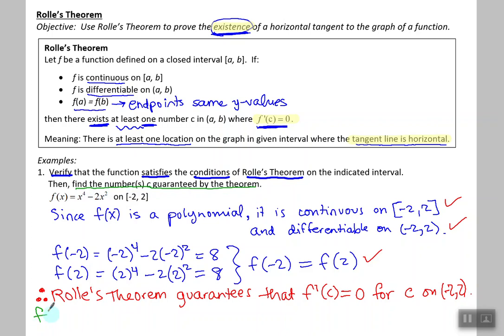So let's take the derivative of f of x, f prime of x, that's 4x cubed minus 4x, and set that equal to 0. Factoring gives us 4x times x squared minus 1 equals 0, which gives us x being 0, 1, and negative 1. So these c values guaranteed by the theorem are 0, 1, and negative 1.